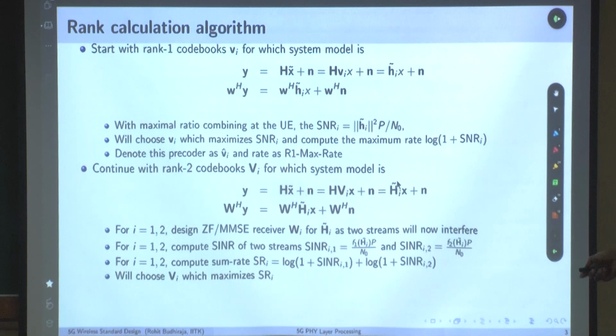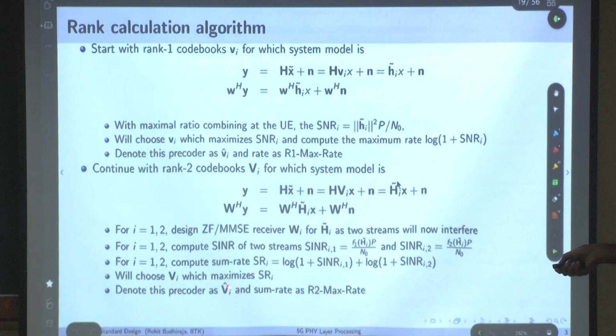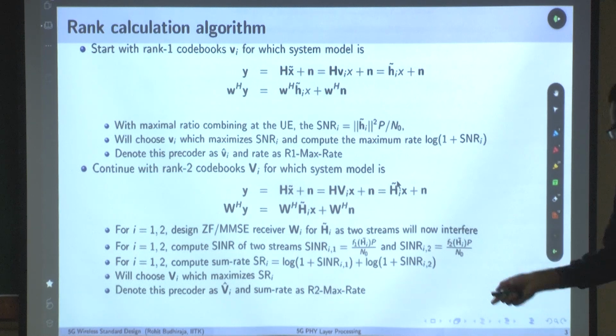There is this number and there is this number. Whichever precoder maximizes the sum rate, I pick that precoder and denote it as V hat, and the sum rate as R2 max rate. It is the maximum rate assuming the rank is 2, and this is the precoder.